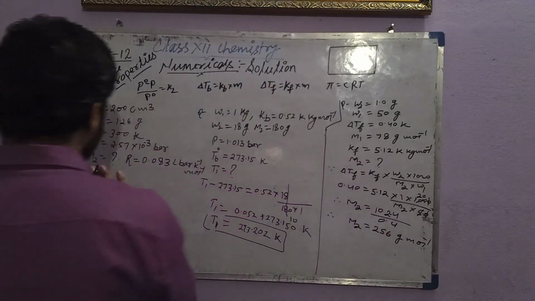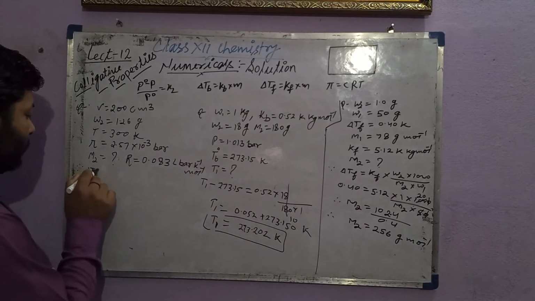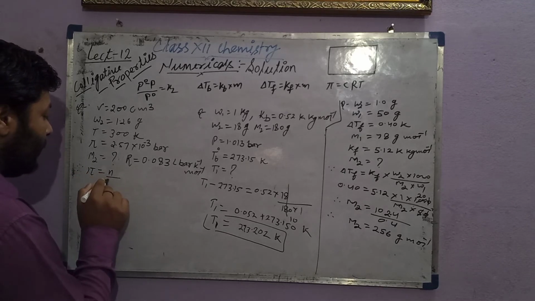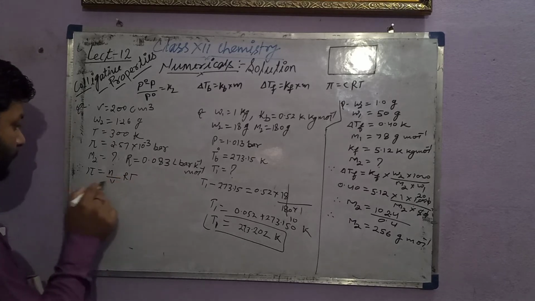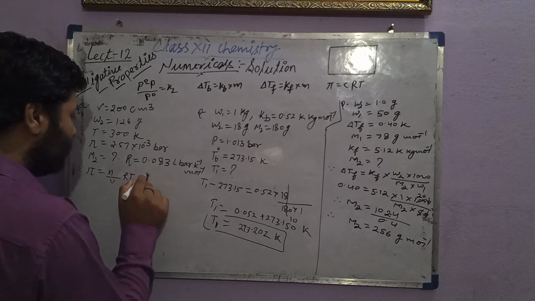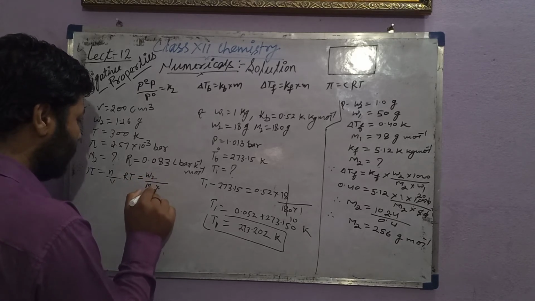Now the molar mass of M2. We know the formula is pi equal to CRT. C means number of moles of solute upon volume in liter. Number of moles means given mass W2 upon molar mass M2 into volume.